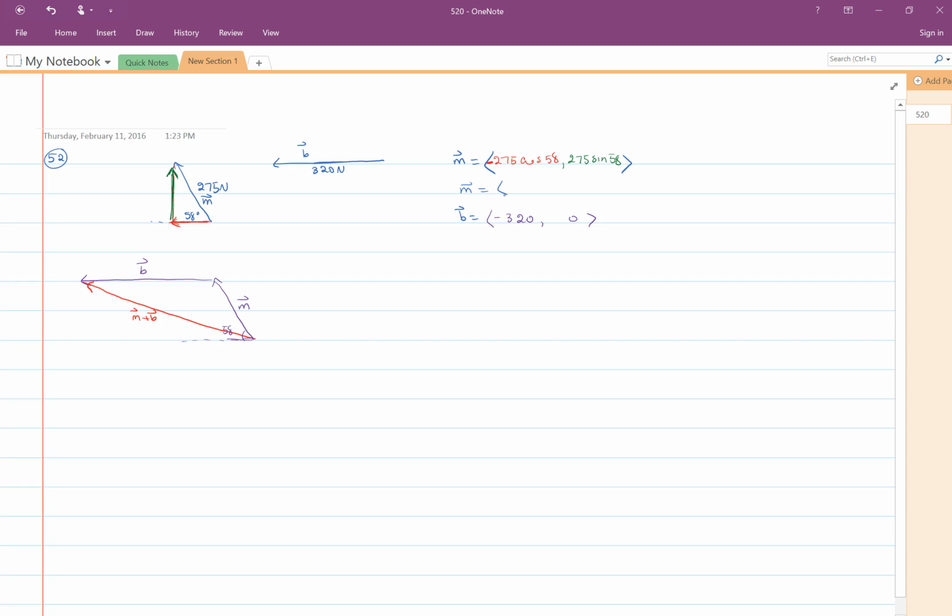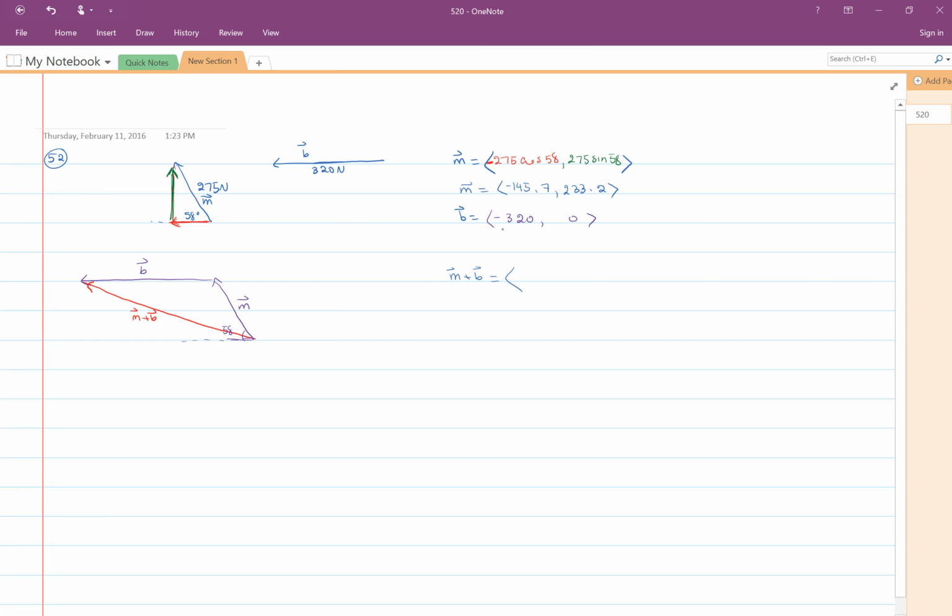So it's negative 145.7. And the other one is 275 sine of 58. So it's 233.2. Okay, now M plus B in vector form is just the sum of these two.